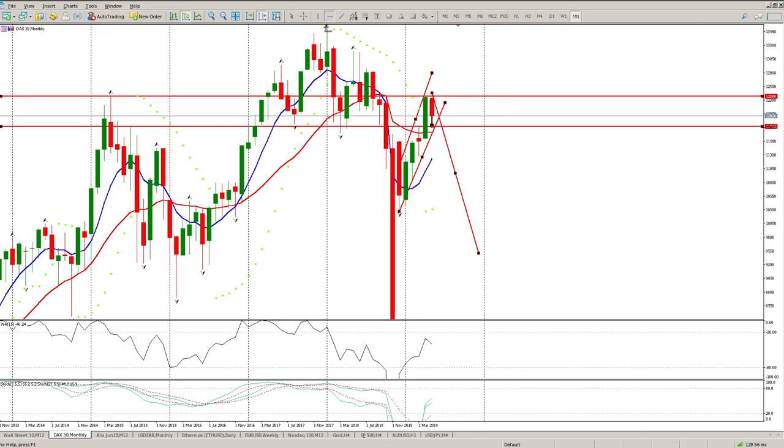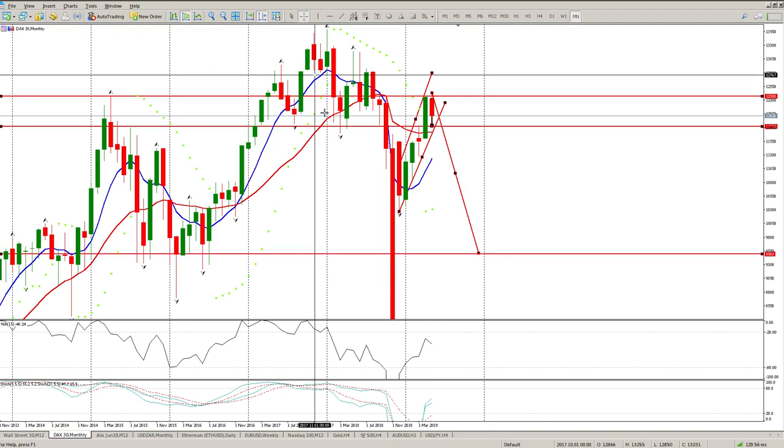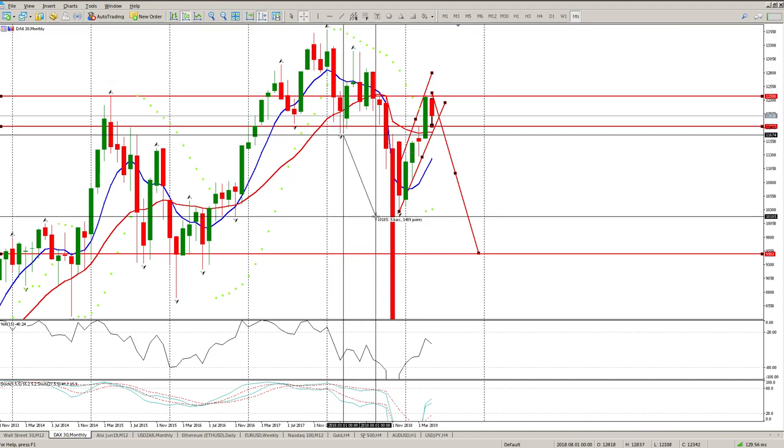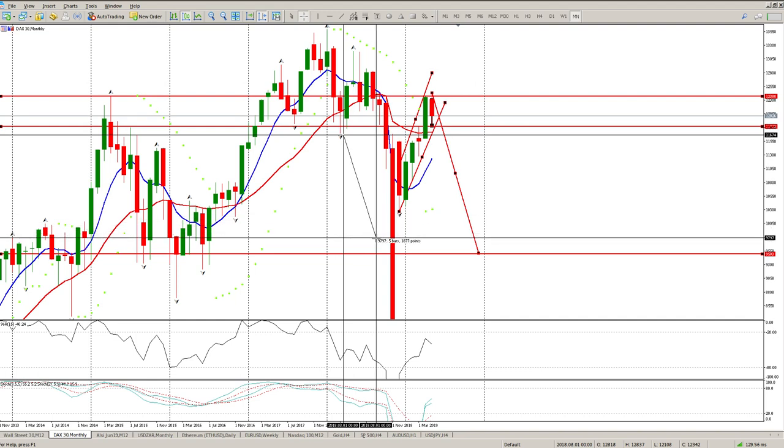I'm almost convinced, let's just do this, just see where 1,900 points goes. So there is the head and shoulders target, which is 1,900 points.